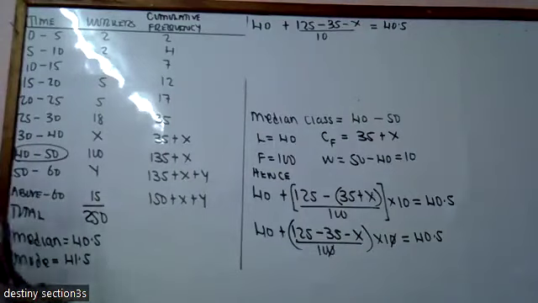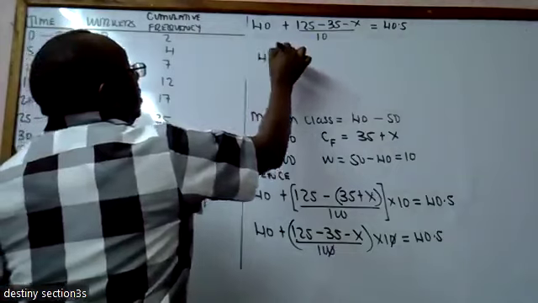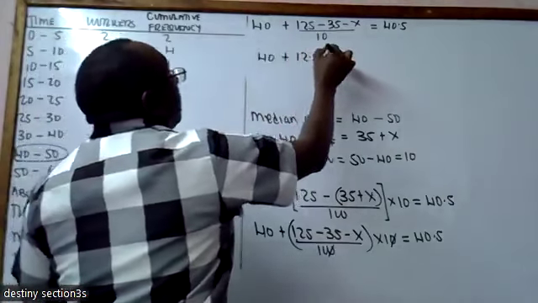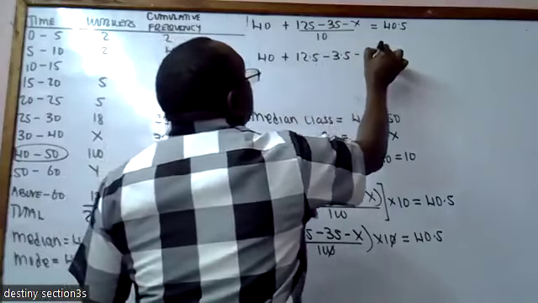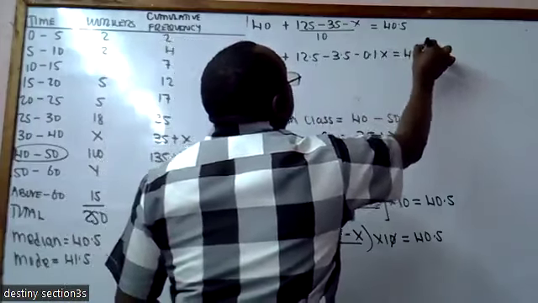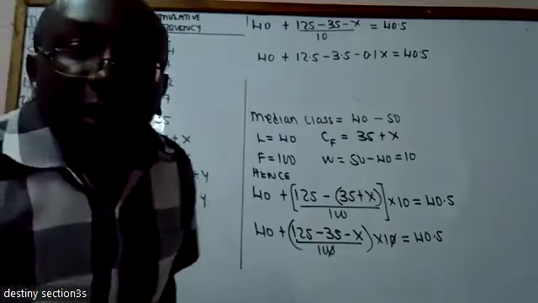So if I choose to divide, it will be 40 plus 12.5 minus 3.5 minus 0.1x is equal to 40.5. So let us stop there and tell me the value of x.